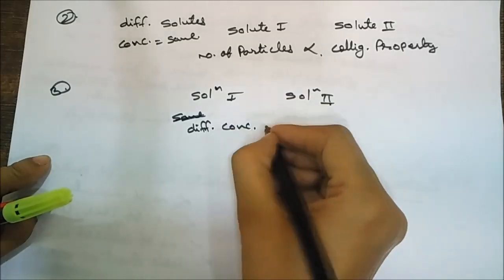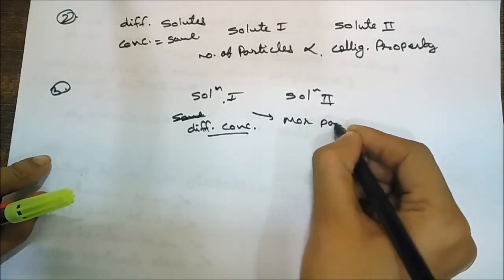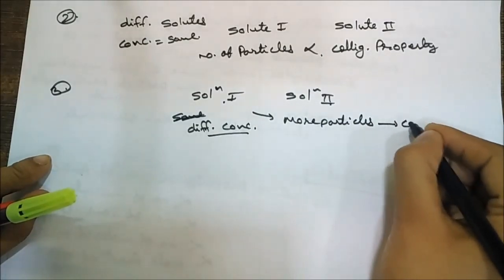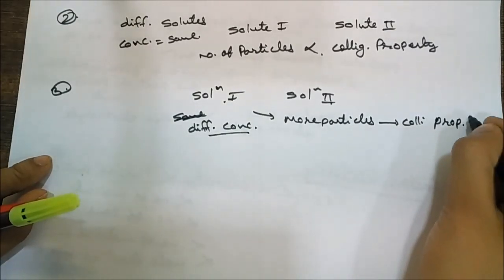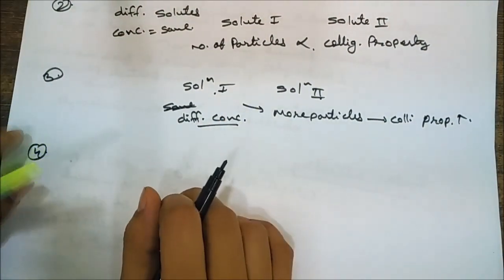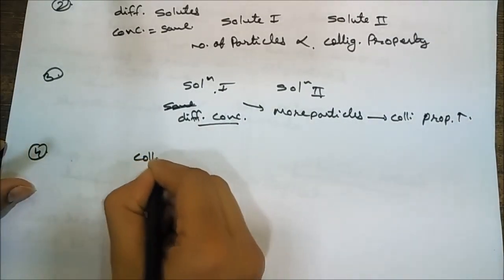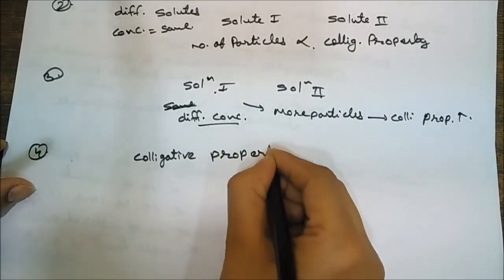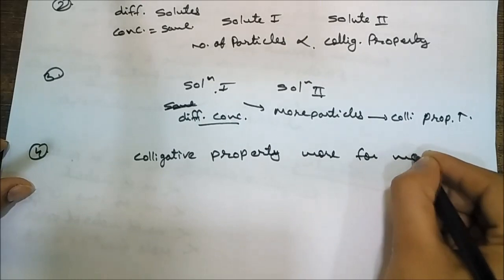If solution 1 is giving more particles, then its colligative properties will be more. If we are taking different molecular concentration of the same solution, the colligative properties will be more for the more concentrated solution.